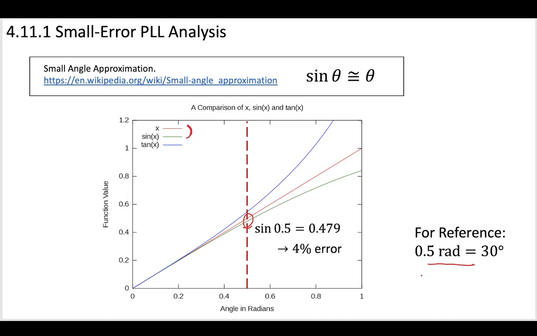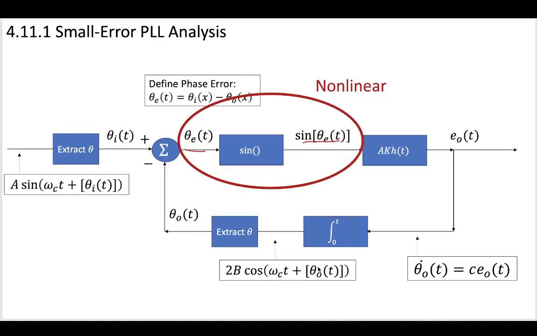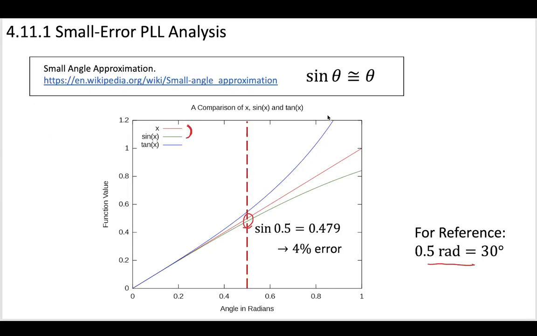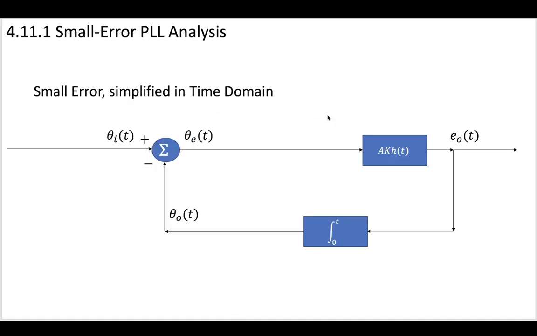So up to even 30 degrees, you could approximate this as a linear system where just this is equal to this. So we can approximate this as a linear system for that small range.